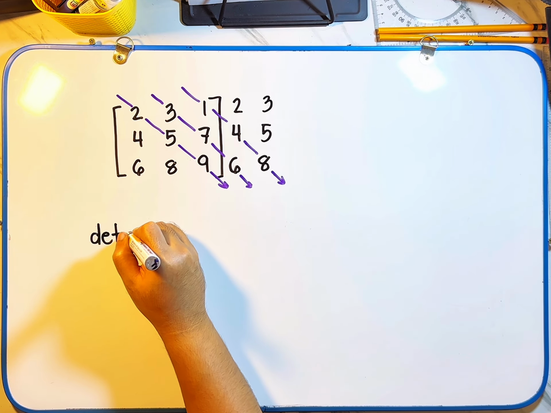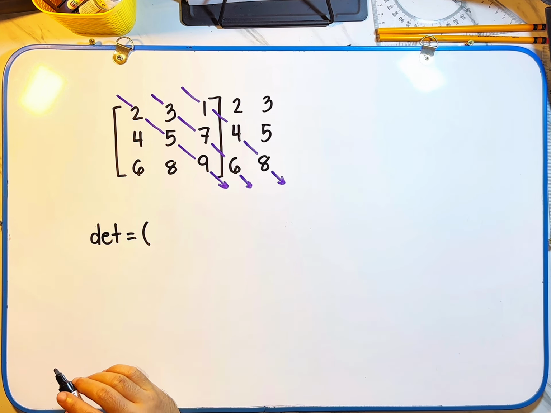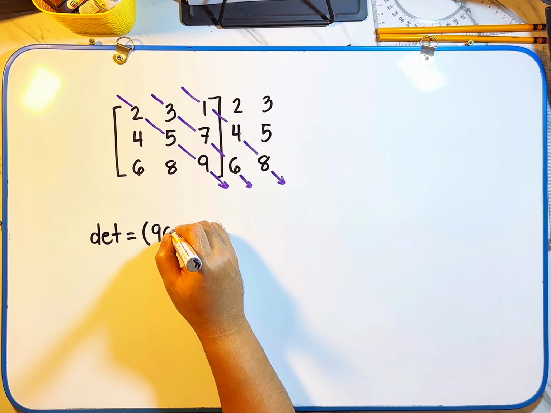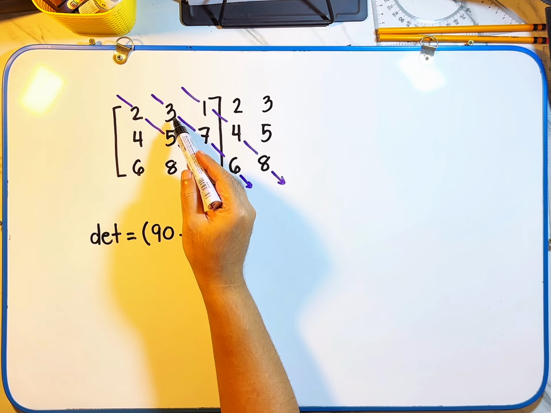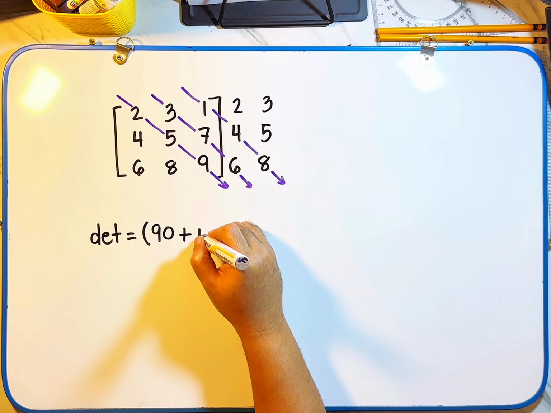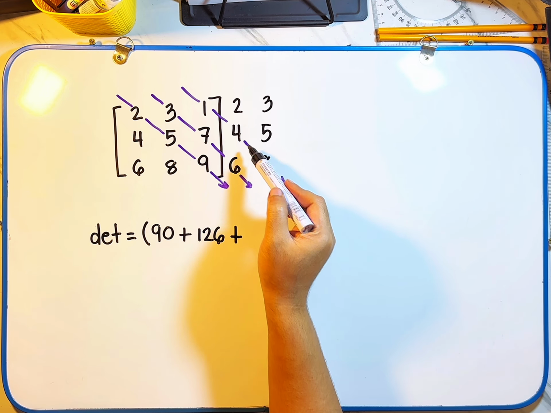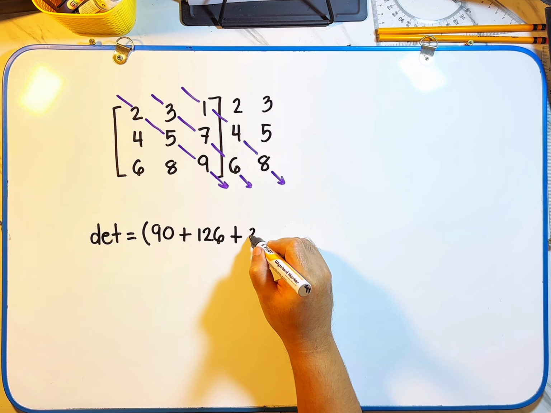Determinant is equal to 2 times 5 times 9, that's 90. And then plus 3 times 7 times 6, that's 126. And then plus 1 times 4 times 8, that's 32.